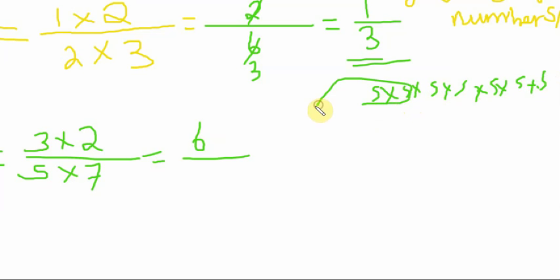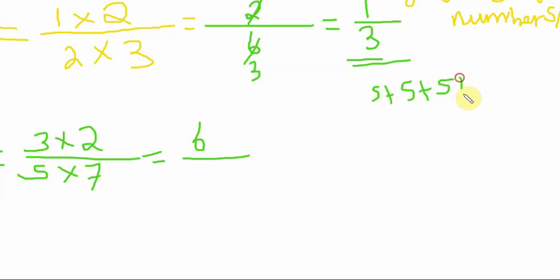No, this is not correct here. 5 times 7 means we add 5 seven times. 5 plus 5 plus 5 plus 5 plus 5 plus 5 plus 5.